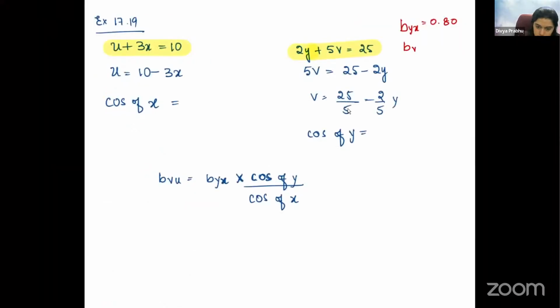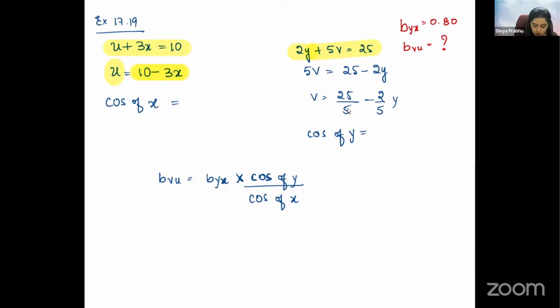They are asking you what is b_vu. So we have to use this property. Always remember, the new variable which is formed will be on the left hand side. So first case, the new variable is u. This will be on the left hand side. u is equal to 10 minus 3x. Again, in 10 minus 3x, what will be the change of scale?